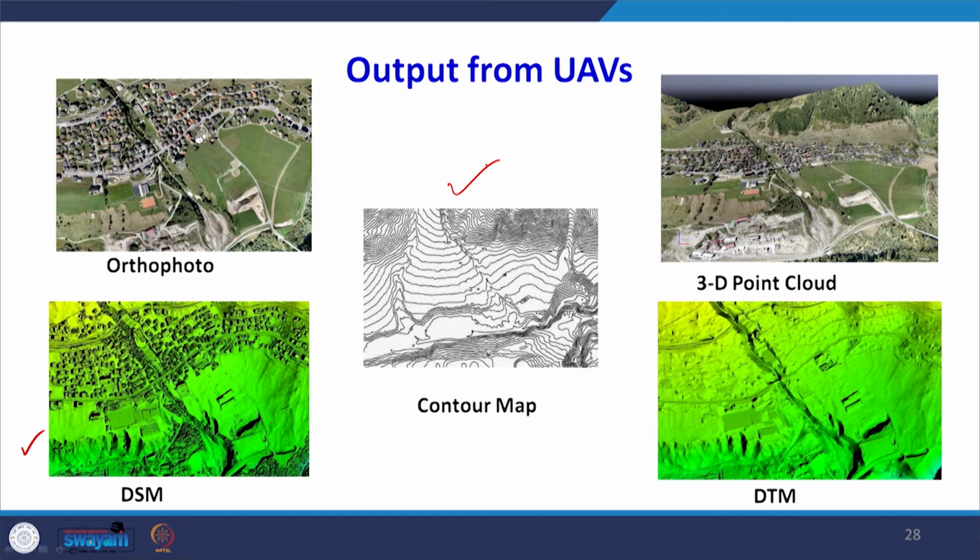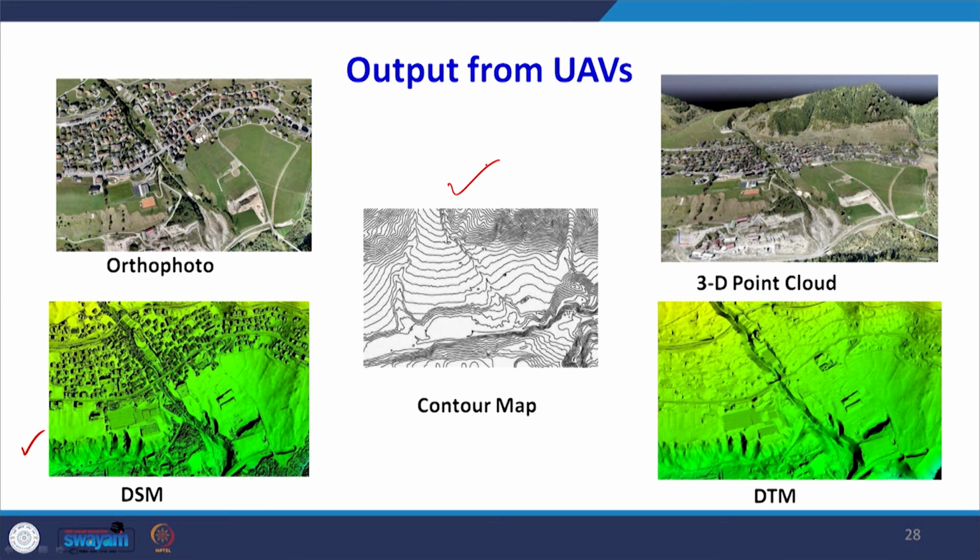We were dealing with the three-dimensional with the help of the contour map only, where the contour will show me the elevation of the ground. But on the ground itself, there are many features with different heights. So, when I am creating a 3D model, I would like to know what are those different objects with different heights, because there are certain planning projects which require that.